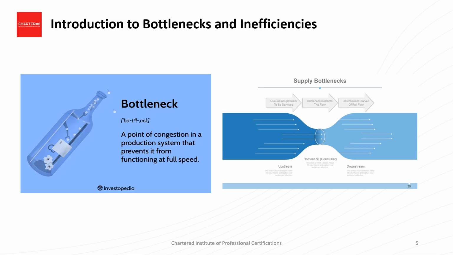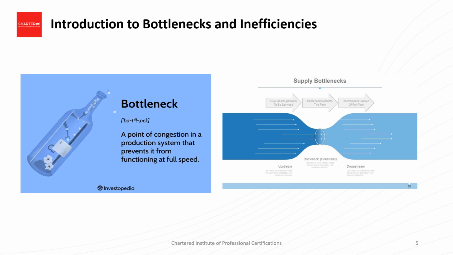For example, a manufacturing facility with limited production capacity may become a bottleneck if it cannot keep up with the demand from downstream customers, causing delays in product availability and shipment. The impact of bottlenecks can extend beyond internal operations.